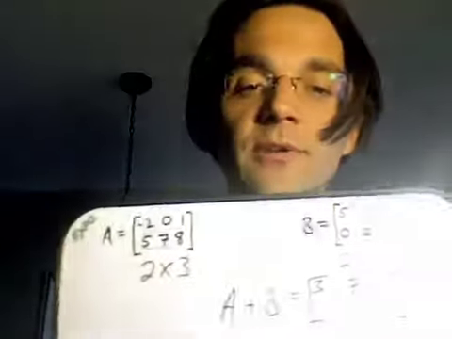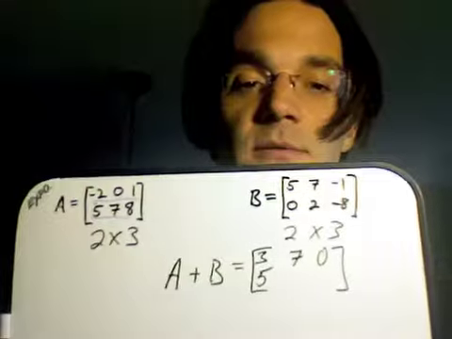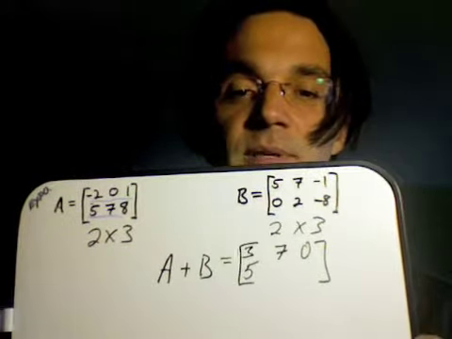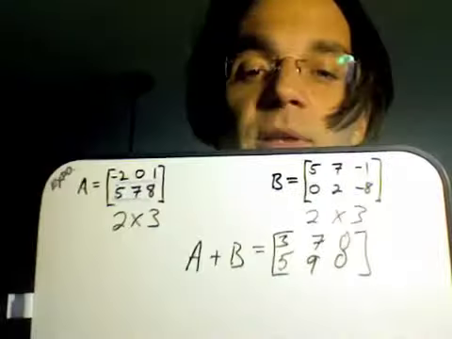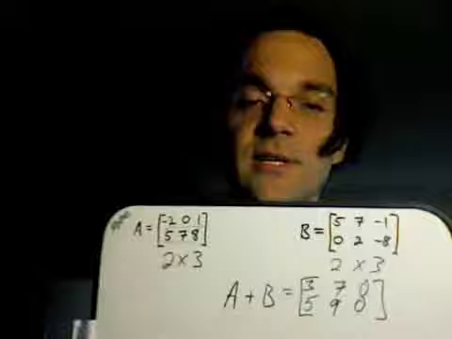And the bottom row works in the same way. 5 plus 0 gives us 5. 7 plus 2 gives us 9, and 8 plus -8 gives us 0. So that's the matrix A plus B, 3, 7, 0, 5, 9, 0. Okay, matrix addition, super duper easy.